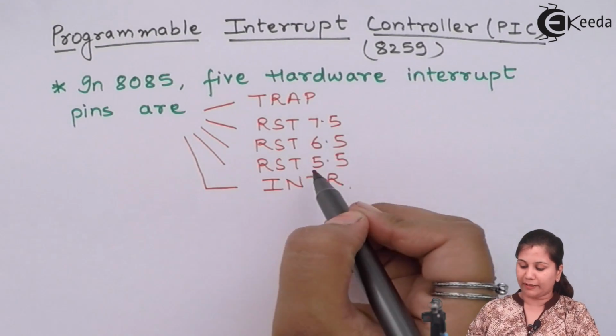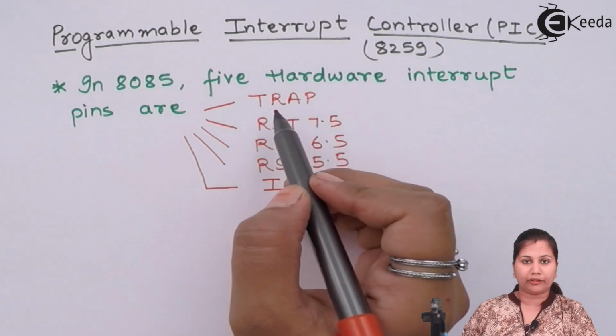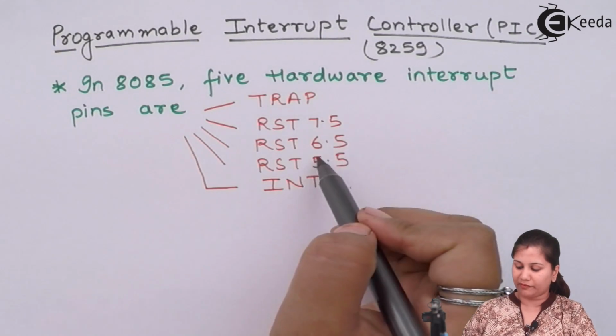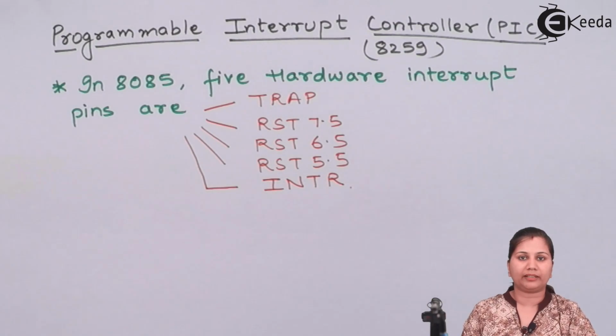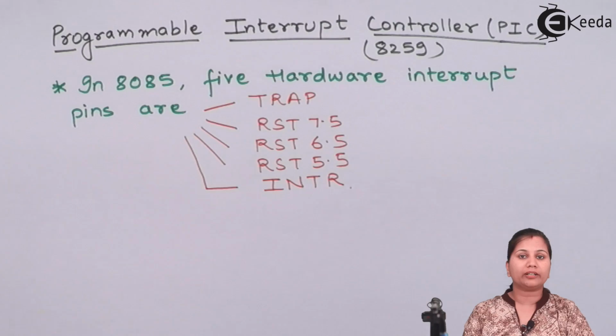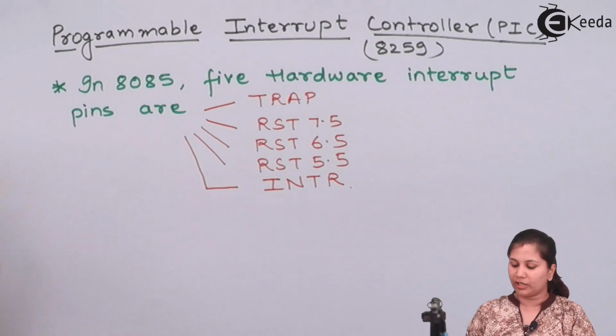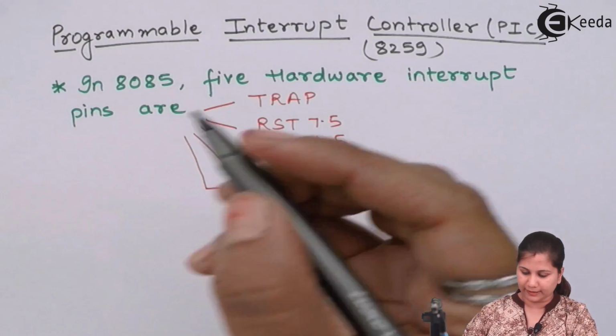Now out of these 5 hardware interrupts, the 4 hardware interrupts trap, 7.5, 6.5 and 5.5 have the interrupt vector addresses, or we can say that these 4 interrupts are the vectored interrupts. Vectored interrupts because for the interrupt service routine which is written at some memory location, that address is known for these interrupts. Like for trap, we have the address.